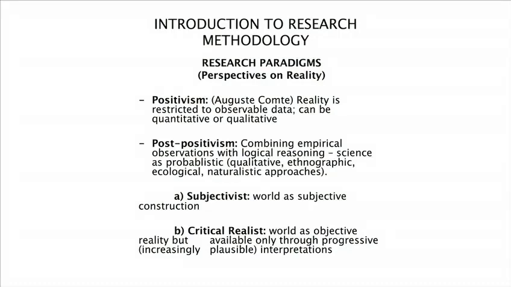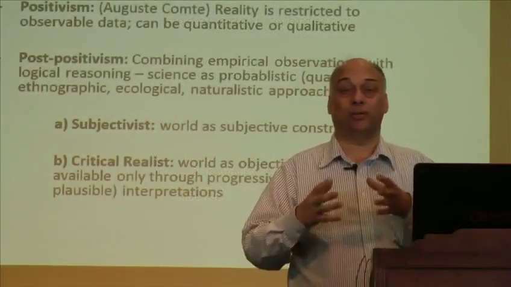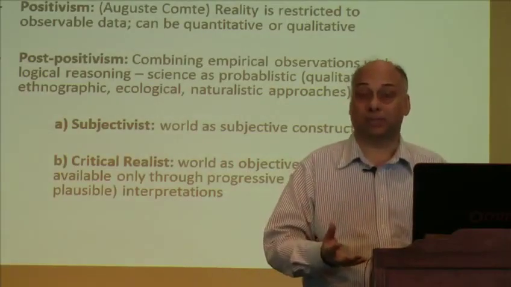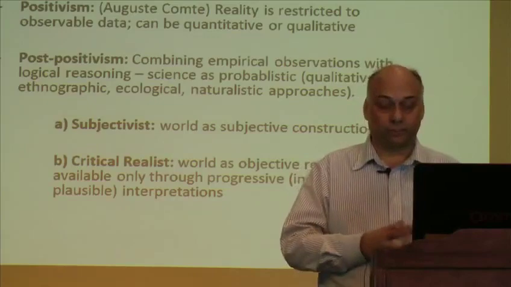Whatever we call reality is a construct. It's a subjective construct. People believe that it is the reality that they describe it as and live in. Okay, we live in a reality that is given to us in the form of a belief system, a construct.